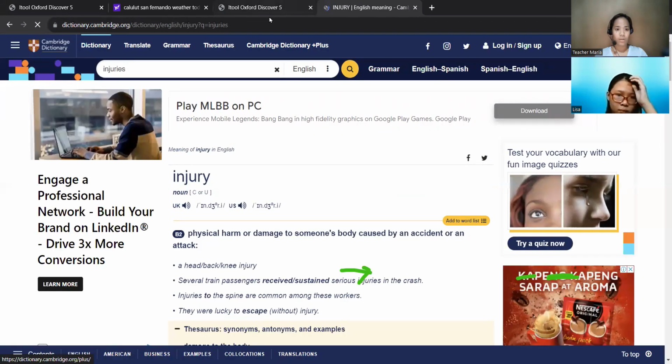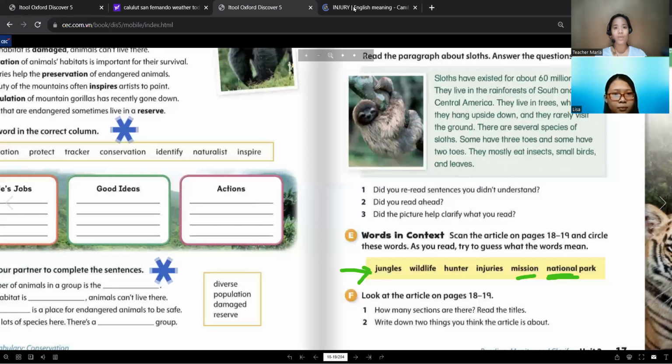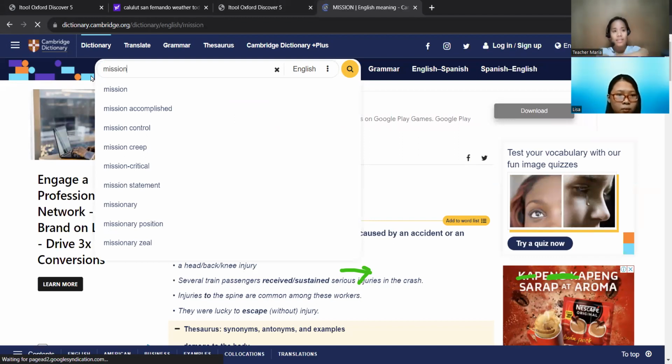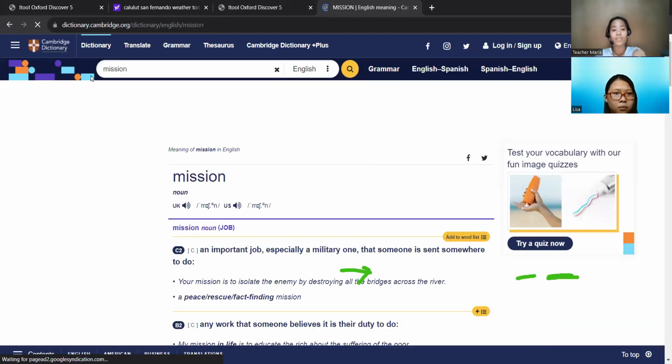Injuries means the wounds or the damage in the body. Next is mission. It's a thing that I think is your goal.